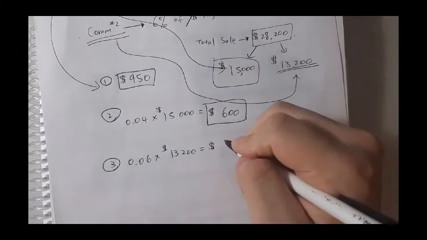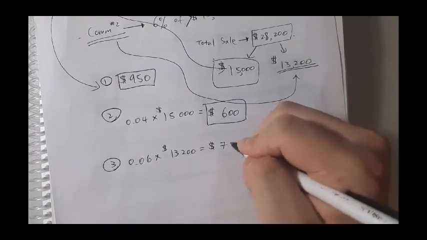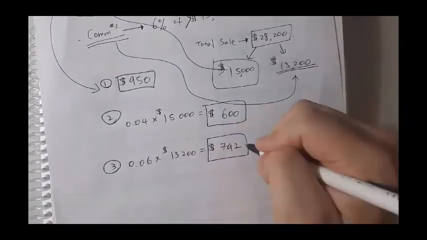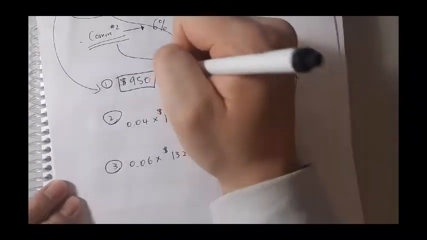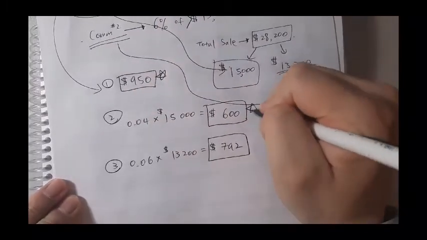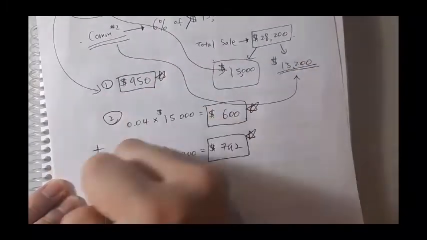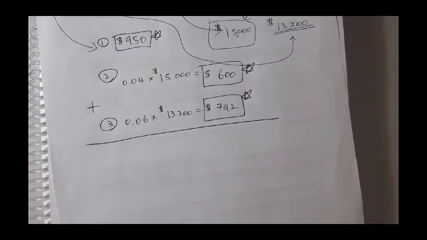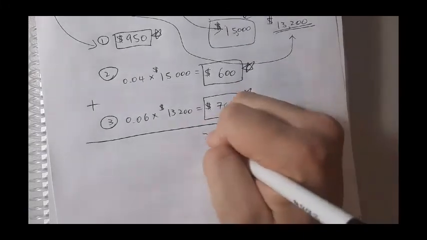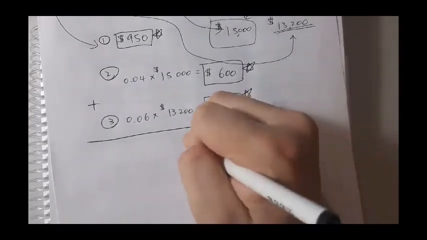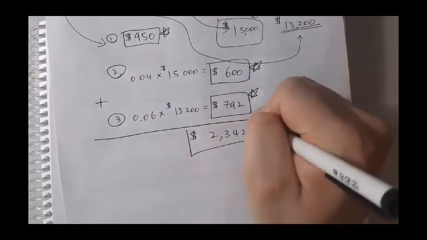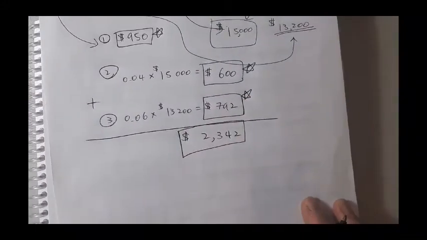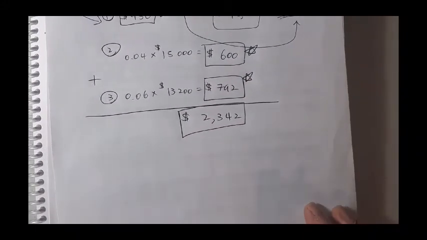If you do 6% of the other amount, you will get $792. So we have this amount, that amount, and the last amount. We need to add everything up. So 950 plus 600 plus 792 gives me 2,342. And that is how much she earned for that month.